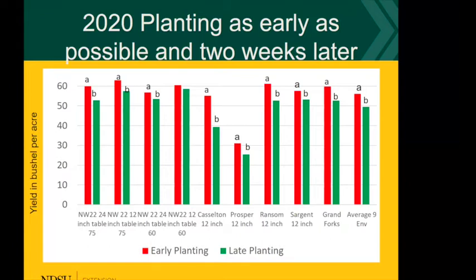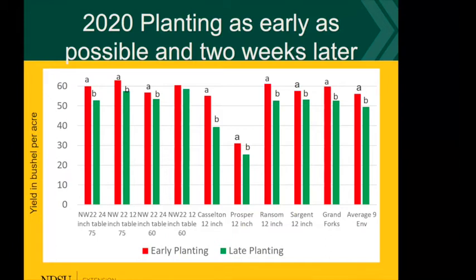Early planting, 2 weeks early, means as soon as the conditions are right. I did not go by calendar date, I go by conditions. And when we say conditions, we need to have about 50-degree soil temperatures, looking in the forecast, no frost in the forecast, and the conditions of the field are ready. I do not advocate going only by the calendar date, because that will lead to disaster.